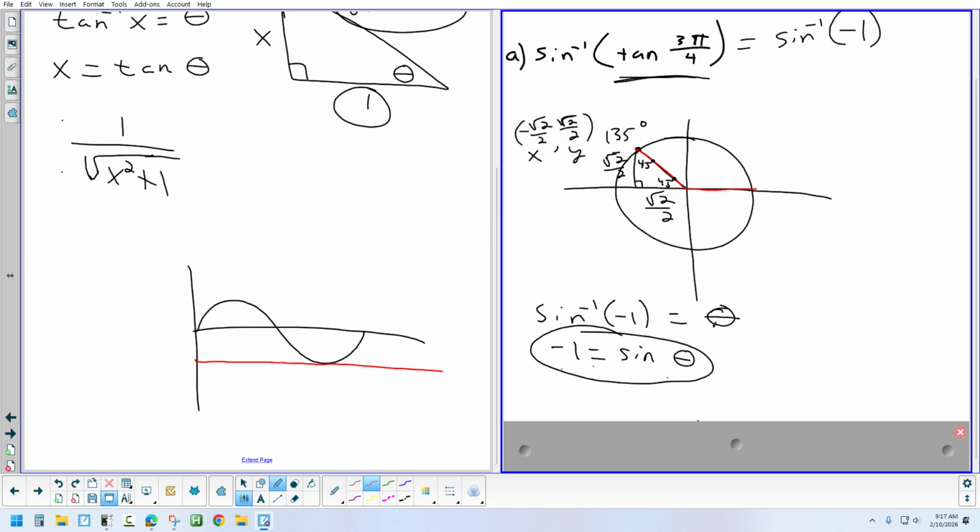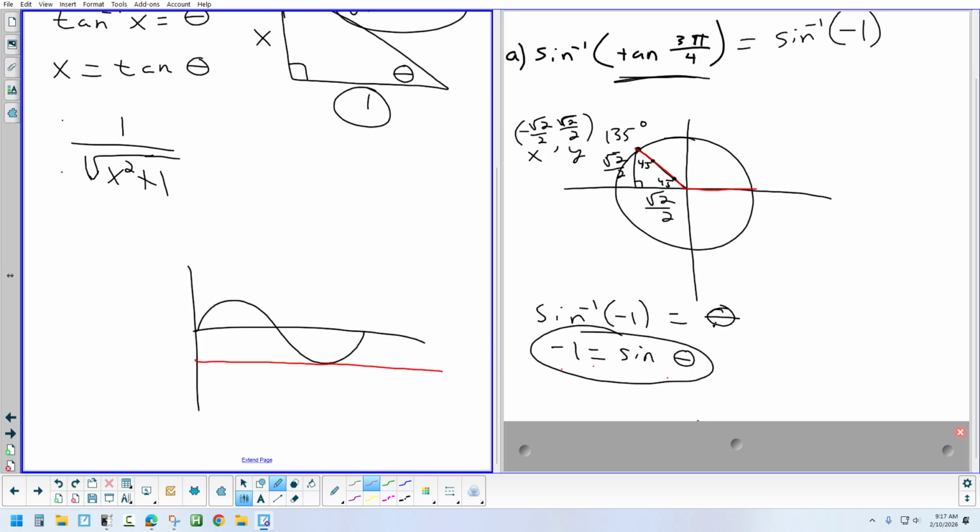Well, from that graph, it hits -1 right there. We just need to know what that point is. What is the x value? I mean, I know the y value of that point is -1, but what's the x value of this coordinate in radians? Yep. 3 pi over 2. And that is your final answer.